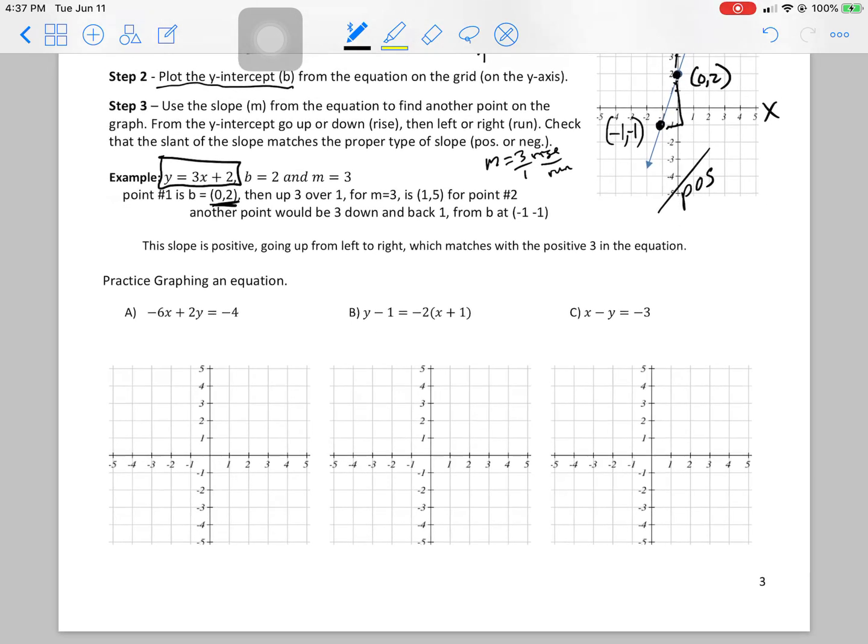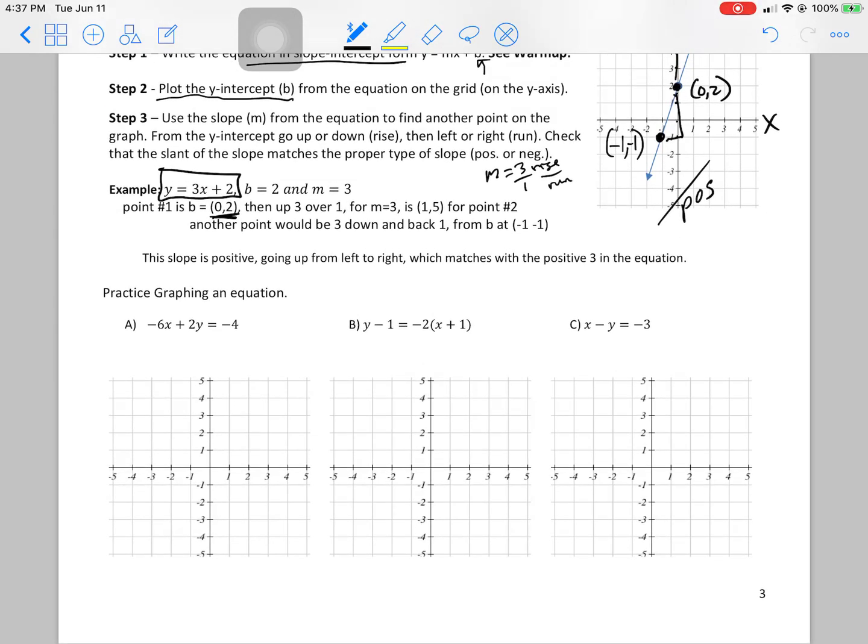Okay, so look at these here. These are not in slope-intercept form, so the first thing to do is move them over. 2y equals 6x minus 4, and then divide by 2 to get the y alone. So this is really y equals 3x minus 2. So that means our y-intercept is a minus 2, right? 0, negative 2.